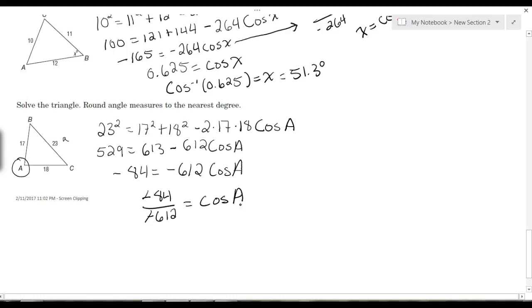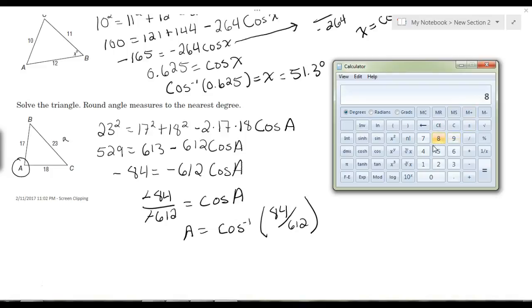I'm going to take the inverse cosine of both sides. So I end up with A equals the inverse cosine of 84 over 612. So let's put that into our calculator and see what we get. 84 divided by 612, and now I'll do the inverse cosine, and I get 82.1 degrees.